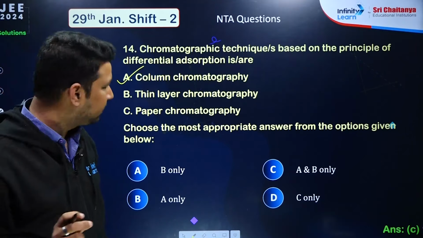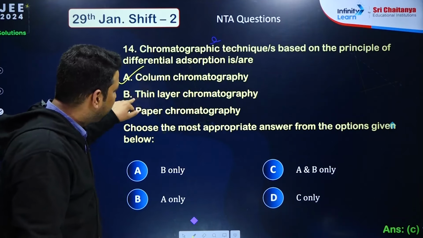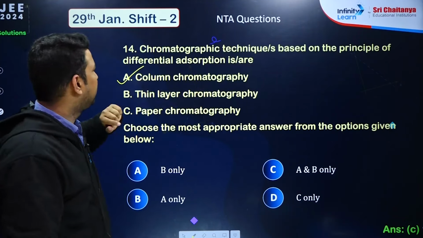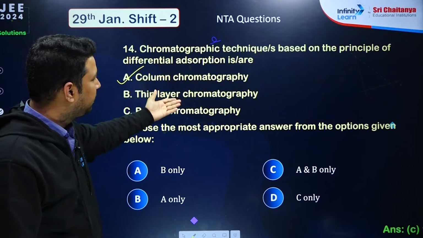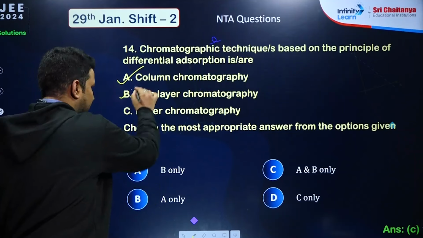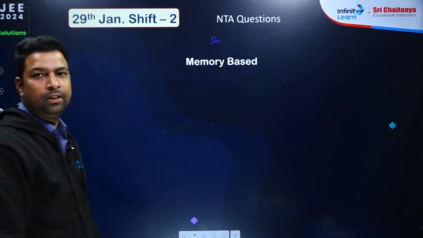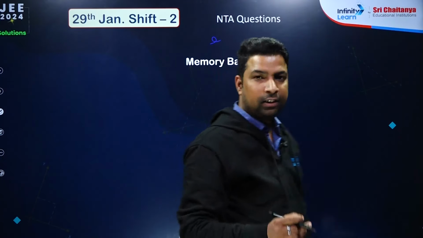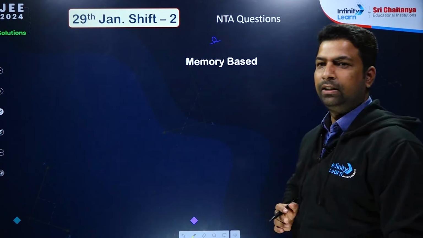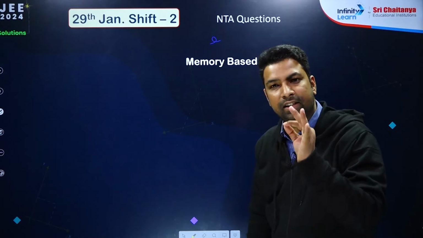If you read the NCERT, you will see column chromatography and thin layer chromatography. The basic principle behind these chromatographies is adsorption. So A and B will be your correct answer. This is memory based. If you read the NCERT thoroughly, you will get the answer. So for this question, I suggest you please read your NCERT.